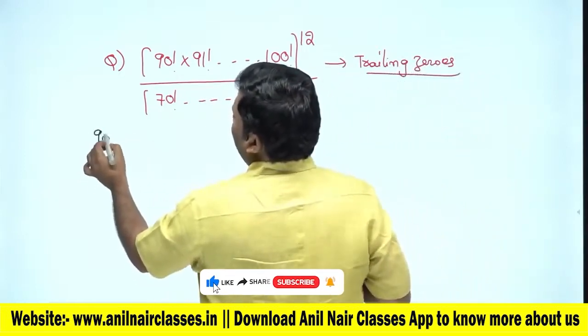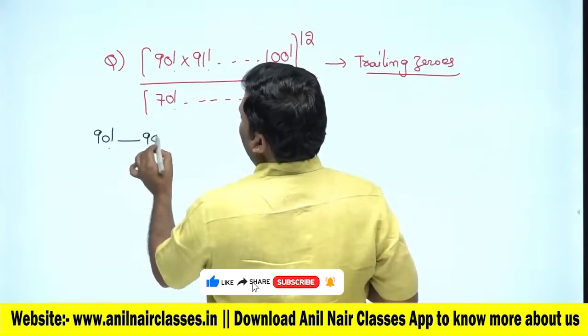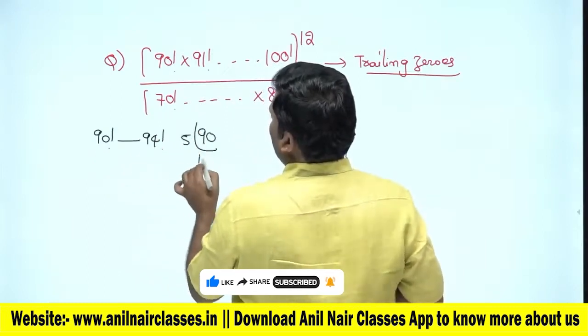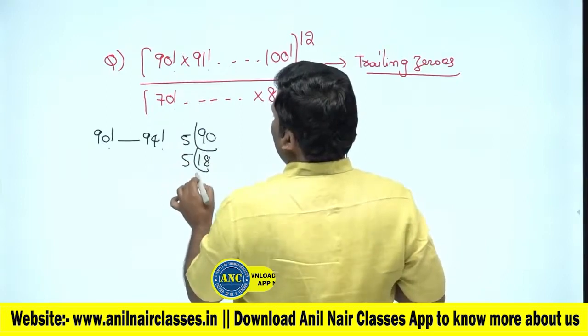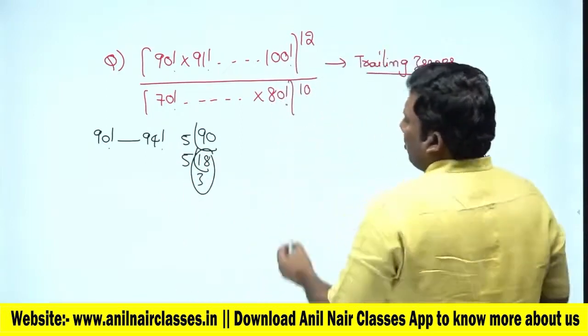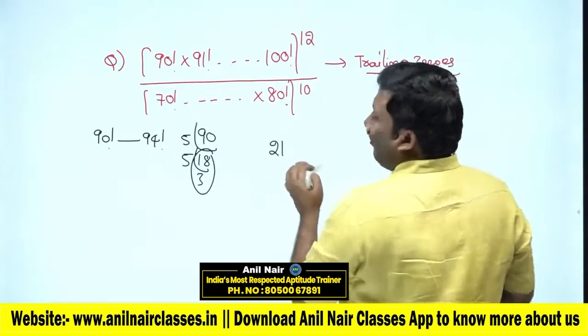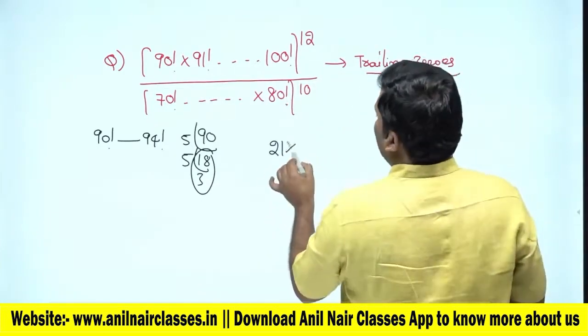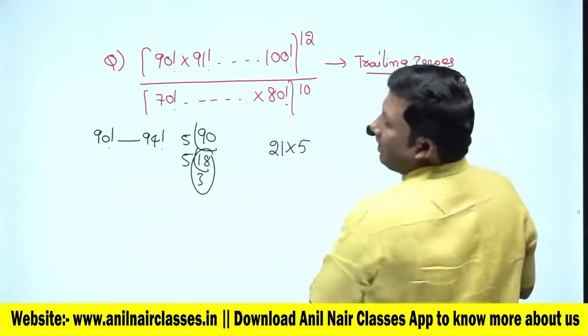First 90 factorial till 94 factorial. Step number 1: we will do it for the smallest number. 5 18s are 90, 5 3s are 15. 18 plus 3, 21. So I will get 21. For 90, I will get 21, 91, 92, 93, 94 also 21.